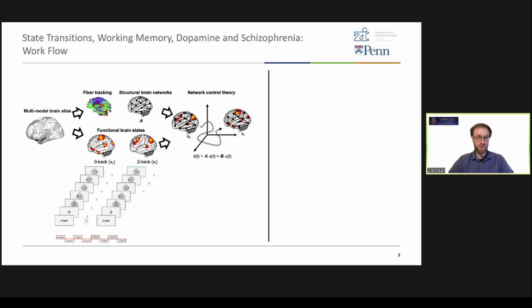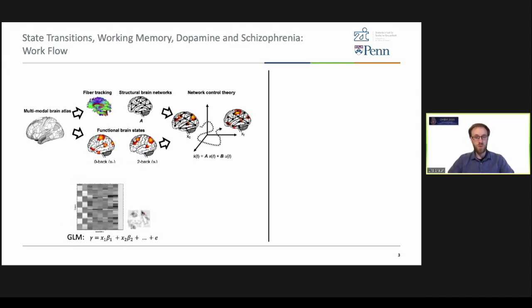So it basically has these two conditions called 0-back and 2-back, which correspond to motor or working memory content. We then used a simple GLM standard SPM approach and defined the beta weights corresponding to the respective conditions as brain-wide activity patterns or brain states.